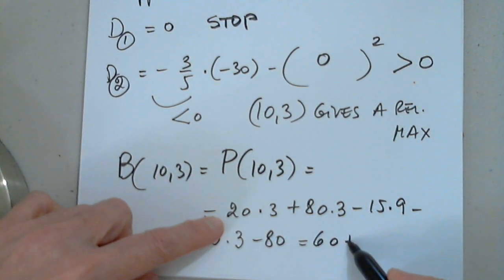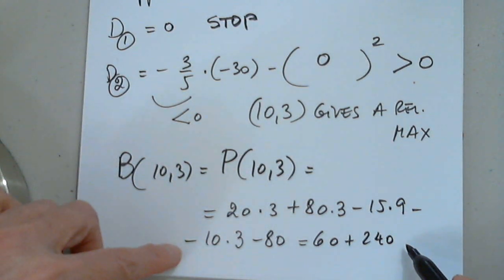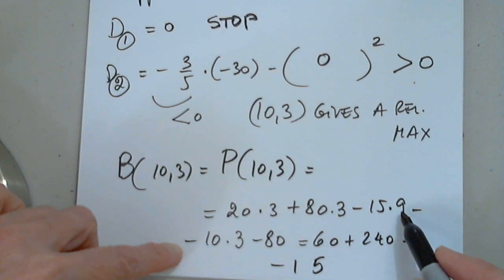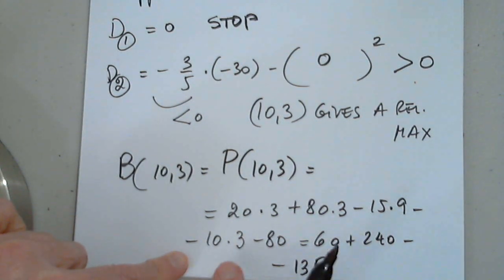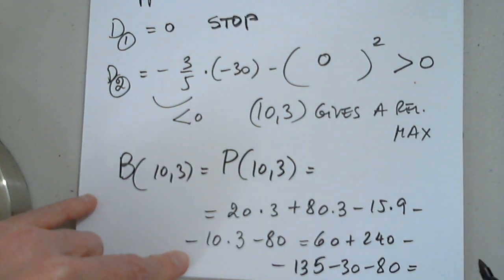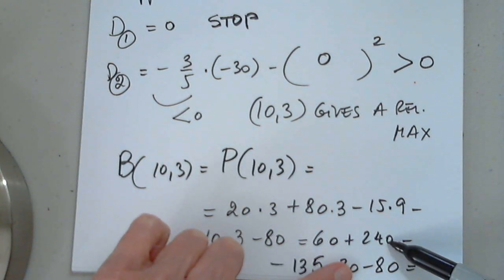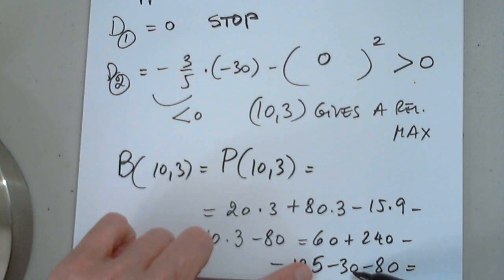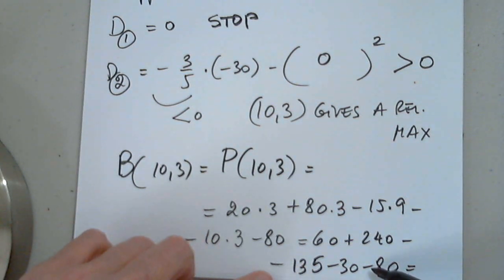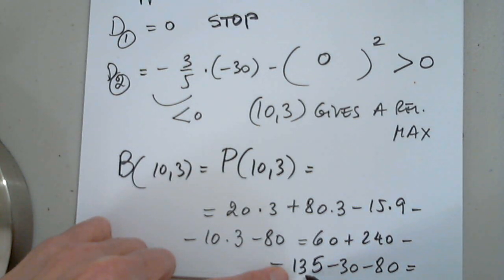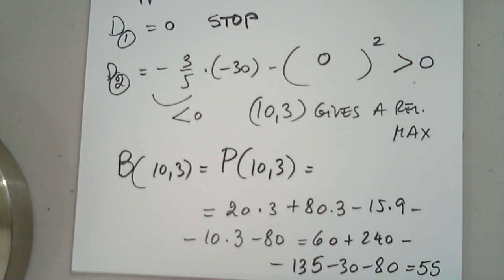So this is 660 plus 240 minus, I think it's 135 and minus 30 and minus 80. So this is 220, 220 minus 30 is 190. 190 minus 135. Is it 55? Can anyone confirm this? Yes, I also ended up with 55. 55. Okay, good. So then I don't have to double check.